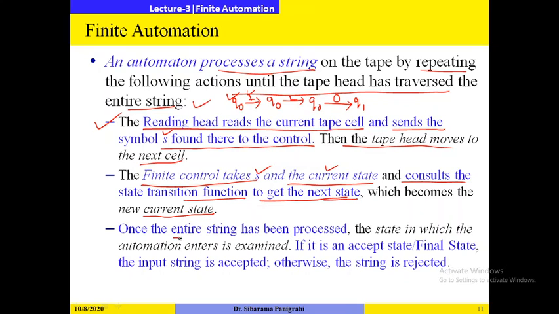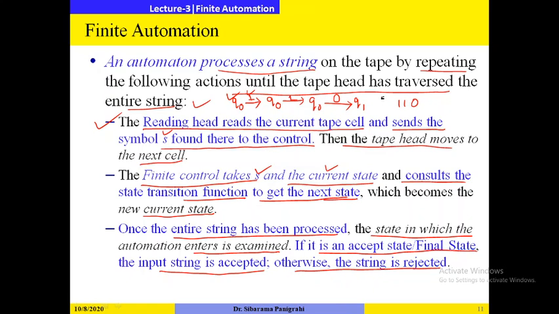Once the entire string has been processed, the state in which the automaton ends up is examined. If it is an accept or final state, then the input string is accepted, otherwise the string is rejected. In the previous example, we started processing the string from Q0, and the string was 110.